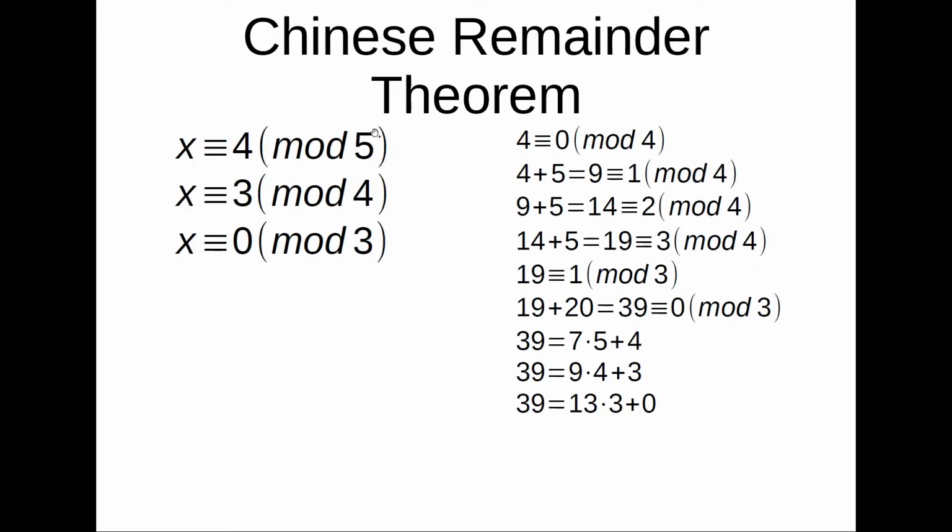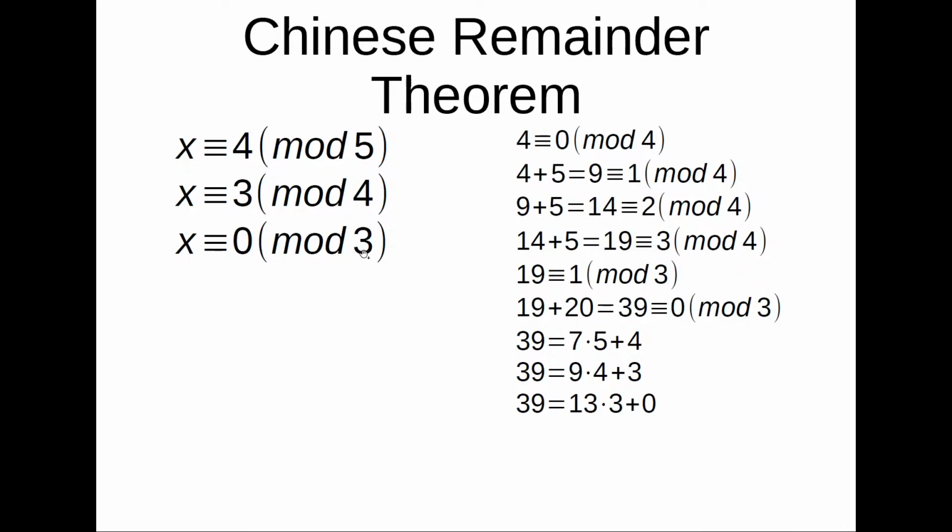And here in the example, you're trying to find a number x which is congruent to 4 mod 5, which is congruent to 3 mod 4, is congruent to 0 mod 3. Or in other words, you're trying to find an x that when you divide it by 5, you get 4 as the remainder. When you divide it by 4, you get 3 as the remainder.